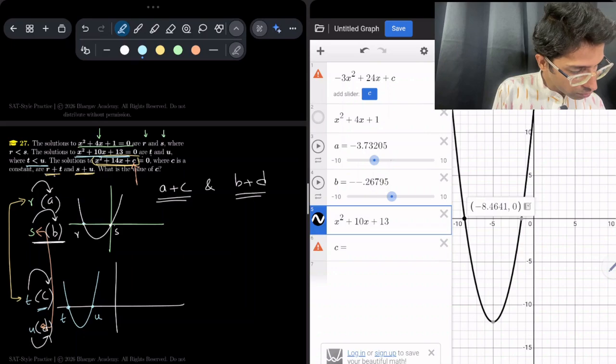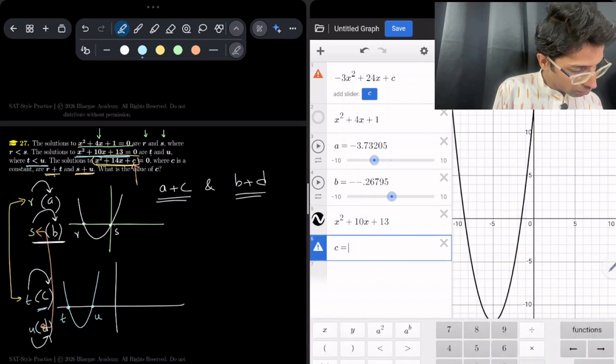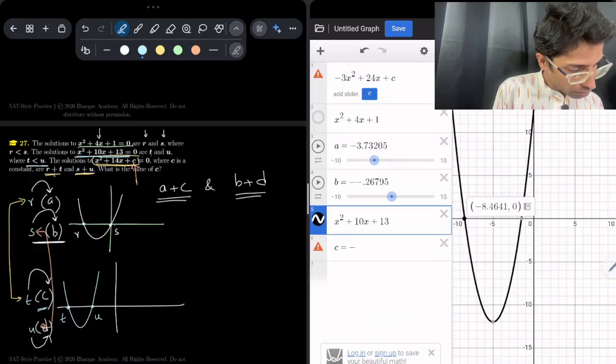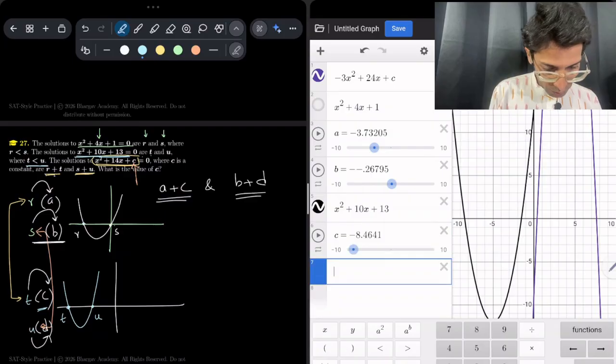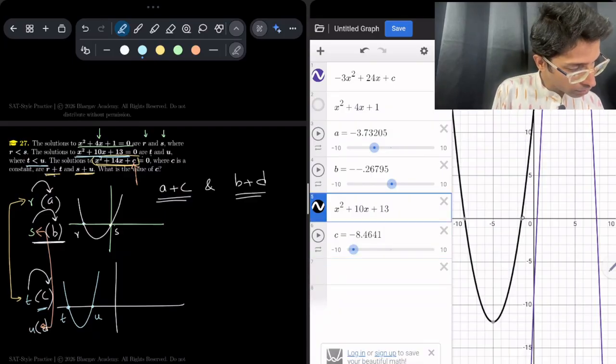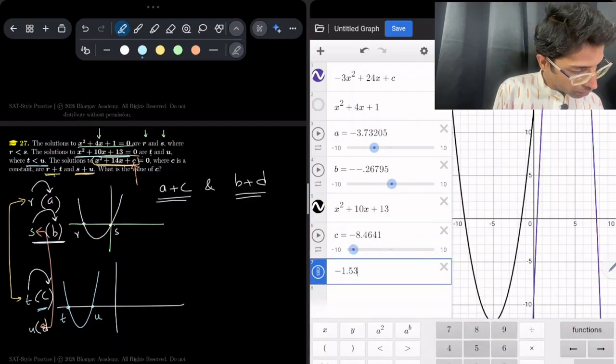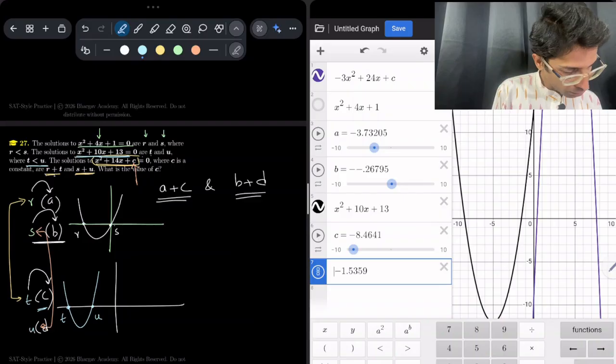C is equal to minus 8.4641. That is the value of c. What is the value of d here, which is this root that corresponds to this point? Minus 1.5359. Let me first type it down so that doesn't run away from my memory.